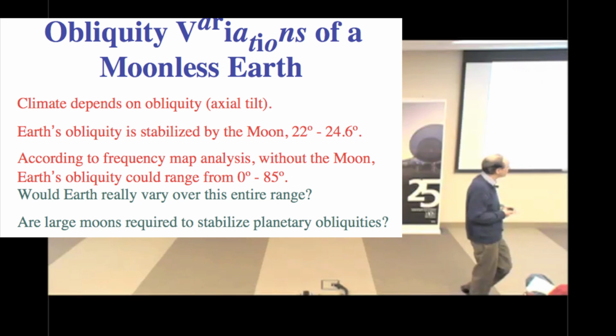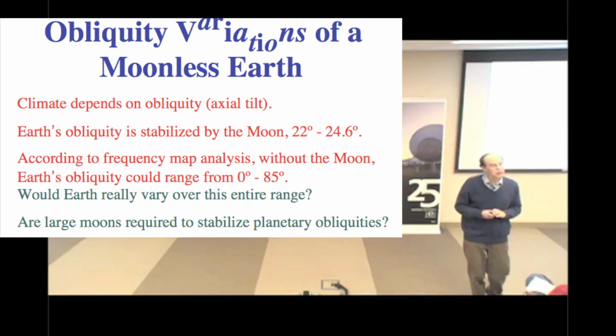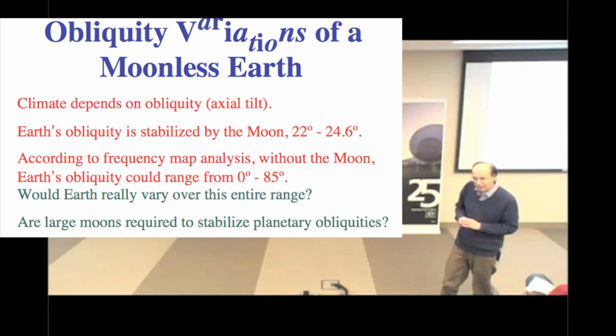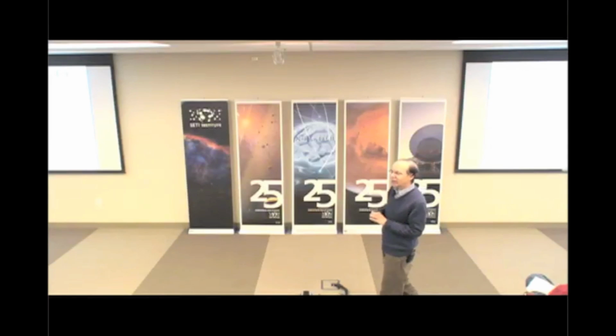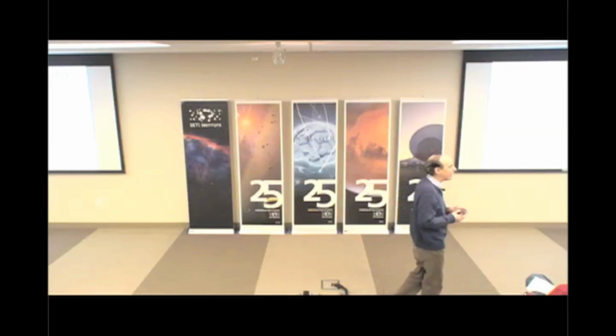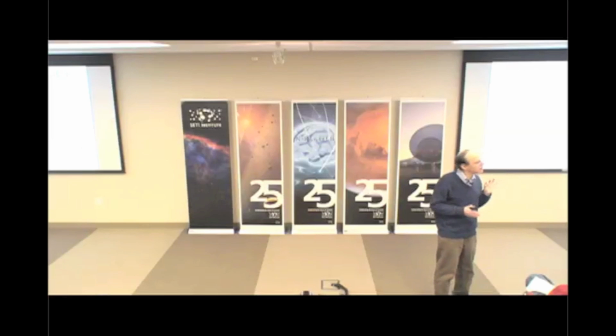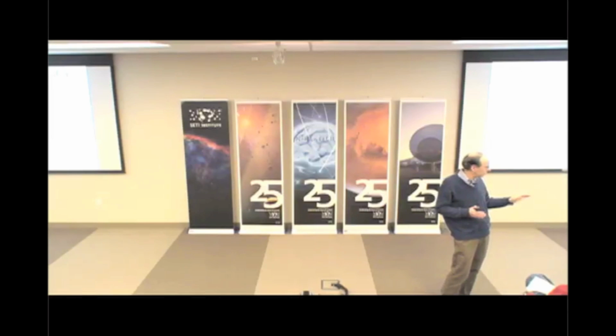Right now, that's a bit over 23 degrees. It varies over time between around 22 and 24 and a half or so degrees. And that is enough to induce ice ages and interglacials like the one we're in now.